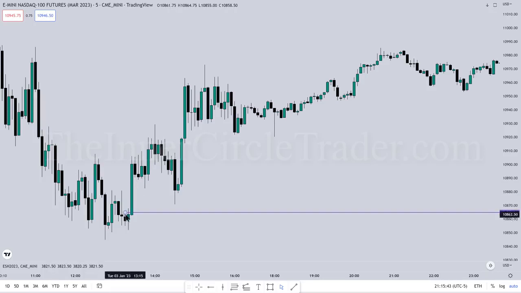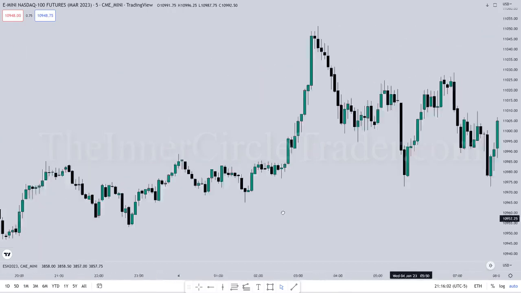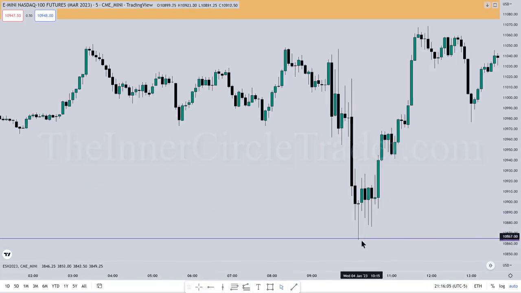But this high of this candle here, this down close candle, prior to this move up, that's what I'm anchoring on for the price level of 10864.75. Okay, so if we look at that in relationship to the low, it pretty much nails that right there. That's not an accident. That's where I was looking and had my initial interest in it. Now we're going to drop down to a 1-minute chart.